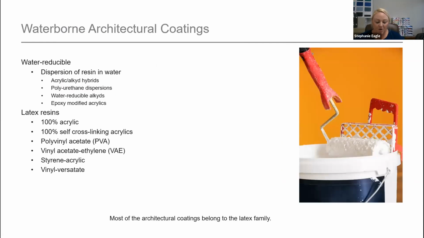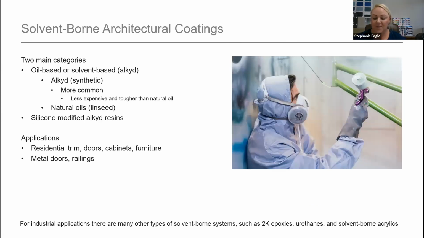So, waterborne acrylic architectural coatings. Water reducible products are shown here, which are the latex resins, and cover a variety of products: 100% acrylic, 100% self-cross-linking acrylics, PVA, VAE, styrene acrylic, and vinyl versatate. There are multiple options for water-based, and for oil-based, we have 2 main components.